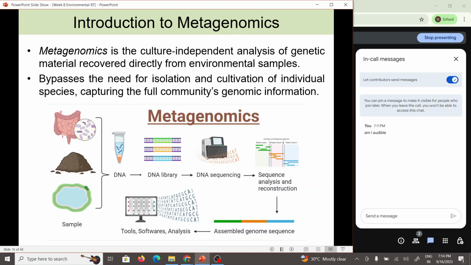The culture dependent method means, for example, I am having a plate. In that I am adding nutrients for the microorganisms to grow, some carbon source, some nitrogen source, and all other micro and macronutrients that are essential for the growth of the microorganisms. I'm going to add it, and then I'm going to inoculate it with the extract of the soil or the water sample.